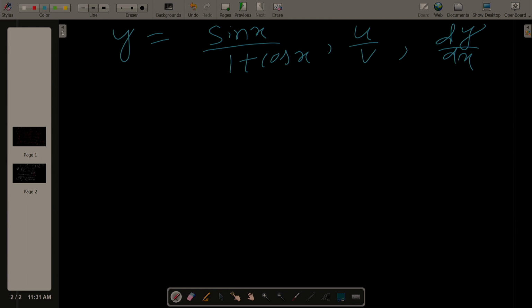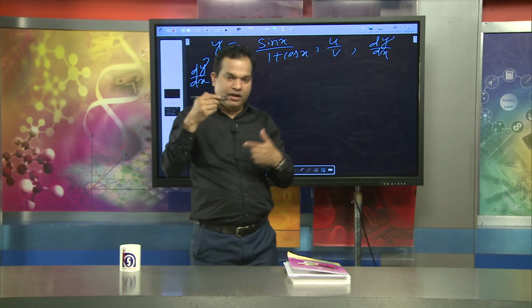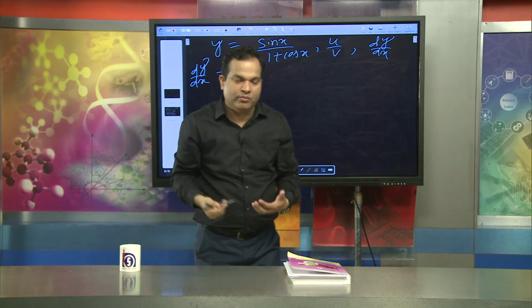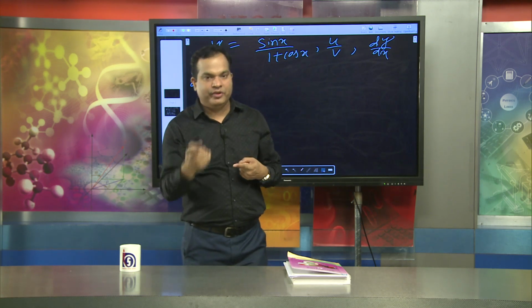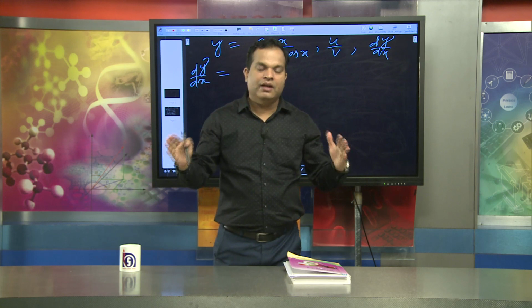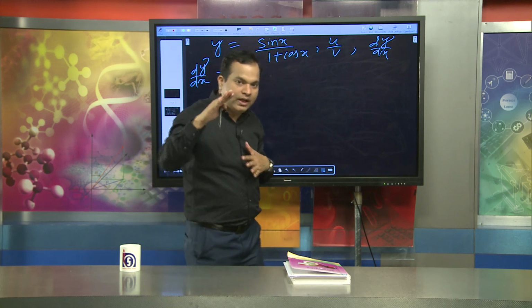Okay. Now, if y equal to sin x by 1 plus cos x, I can write dy by dx, which is equal to the formula for the derivative of u by v, that is the quotient formula: v into derivative of u minus u into derivative of v divided by v square. We already know this one.